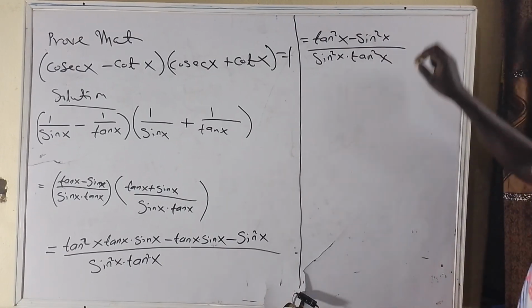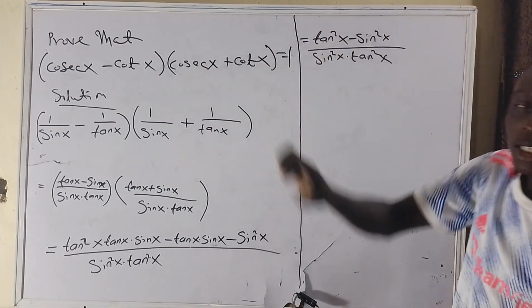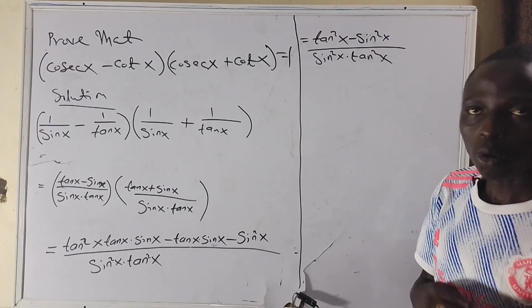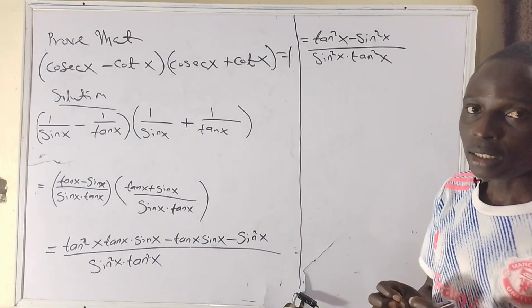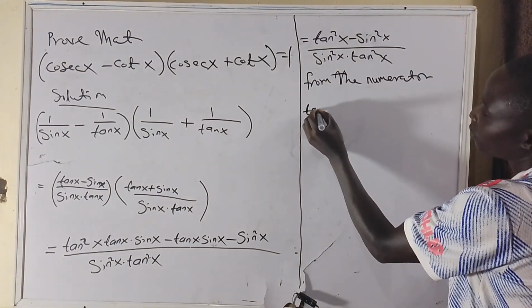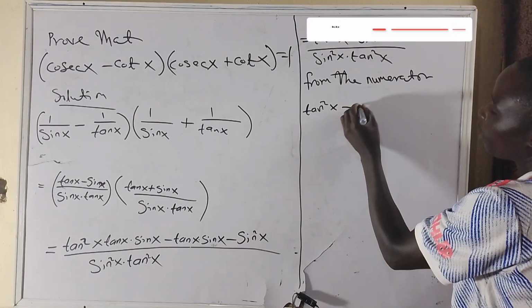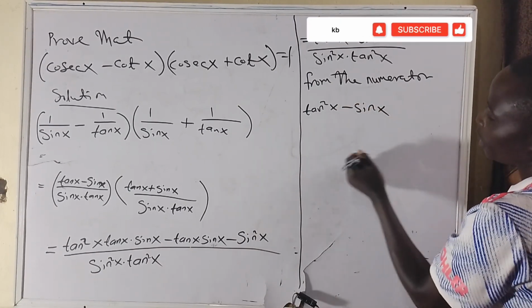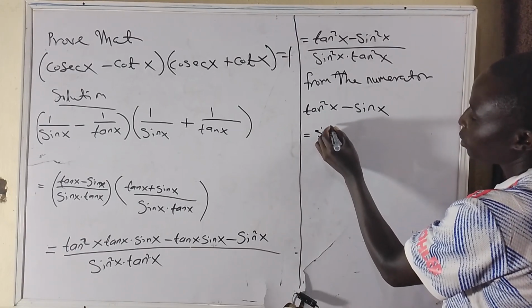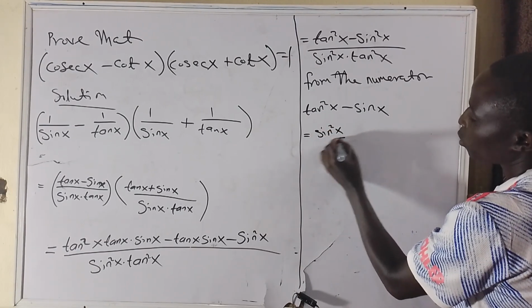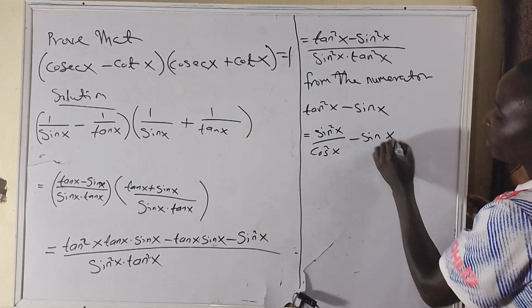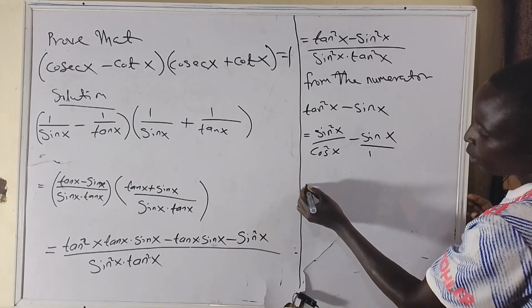So let me pick the numerator and simplify it before picking the denominator, for the steps to be easier for us. From the numerator, I have tan square x minus sin square x. So tan square x is the same as sin square x all over cos square x, minus sin square x, which is the same thing as over 1.